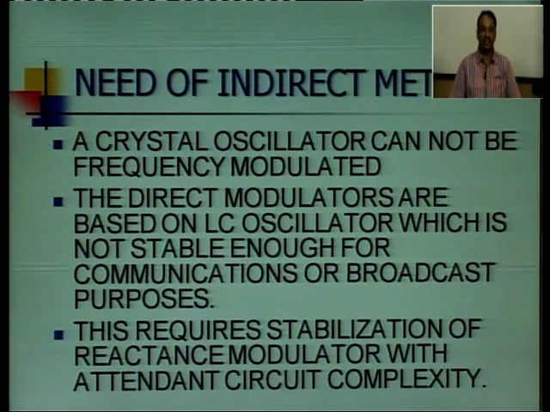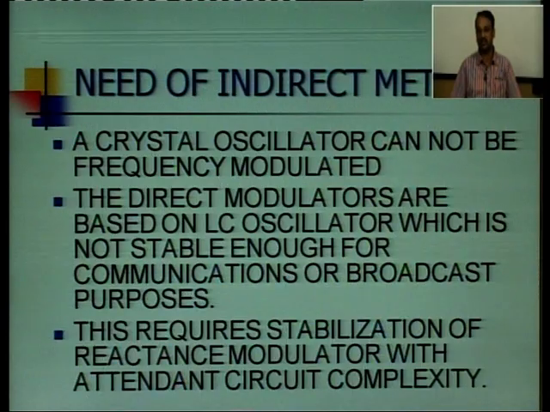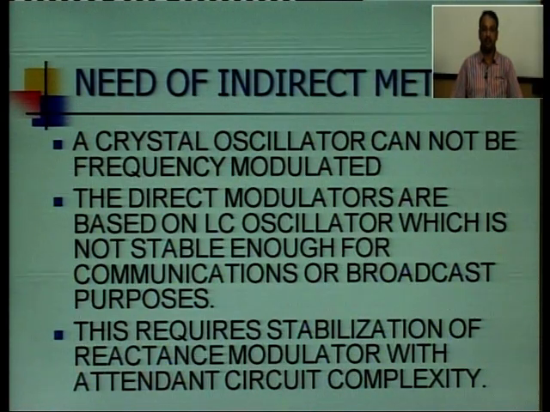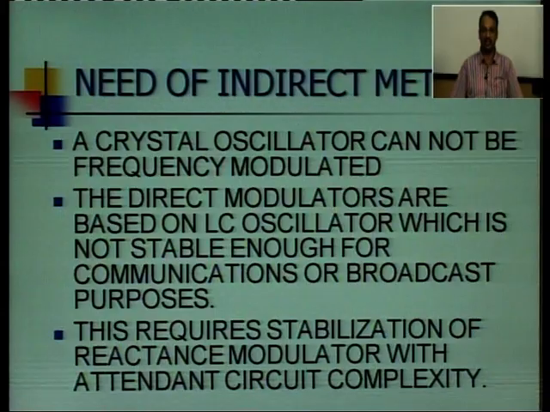In all the methods we have discussed earlier, that is varactor diode modulator, either VCO or reactance modulator, we are using an LC tank circuit or tuned circuit. We cannot use the crystal oscillator because crystal oscillator cannot be frequency modulated. The direct modulators are based on LC oscillator, which is not stable enough for communications or broadcast purposes.